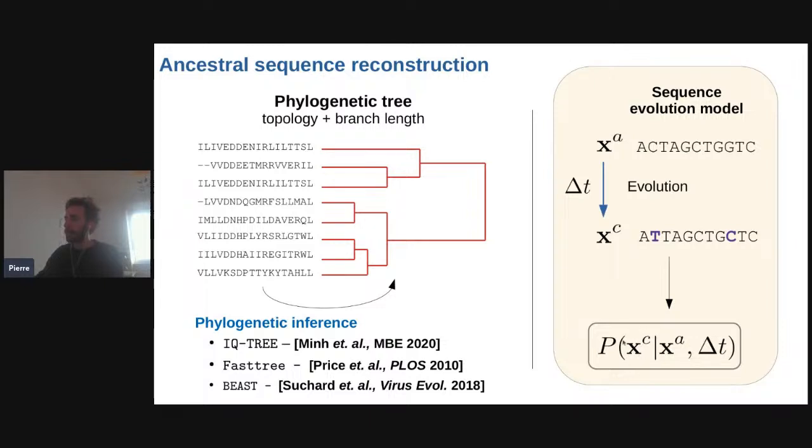It's the probability of observing the child given the starting point, the ancestor, and the time delta t. And once you have these two things, you can, in principle, infer sequences at any internal node, either the most likely sequence, or you can sample from some posterior probability, but you can compute everything.